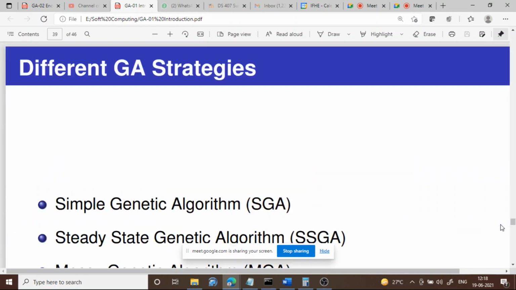So not only genetic algorithm, there are different types of algorithms. Some of these algorithms were inspired from biological processes, and some were inspired from physical processes. Okay. The other algorithms include fuzzy logic, particle swarm optimization, ant colony optimization.